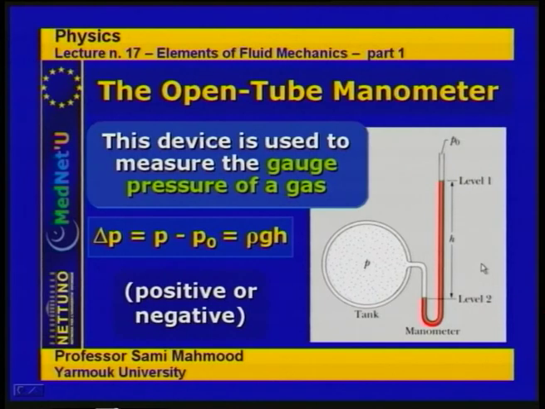And we substitute these quantities into the equation, we will get the gauge pressure equal to P minus P naught, which is rho GH, where rho is the density of the fluid inside the tube. And this gauge pressure could be either positive or negative, depending on the relative height of the two levels, level 1 and level 2, in the two parts of the tube.